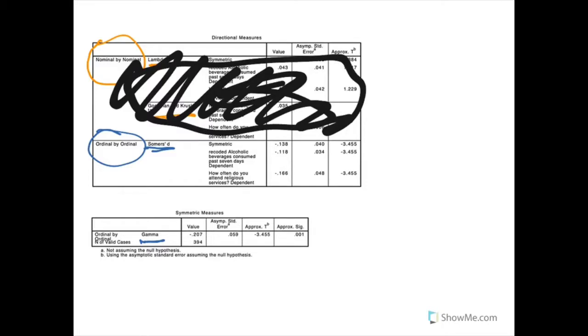And then why is gamma down here in a box all by itself and the other 3 are up here? If you notice, one says symmetrical and one says directional. All that means is that for the 3 that are up there, lambda, tau, and Somers D, it matters.